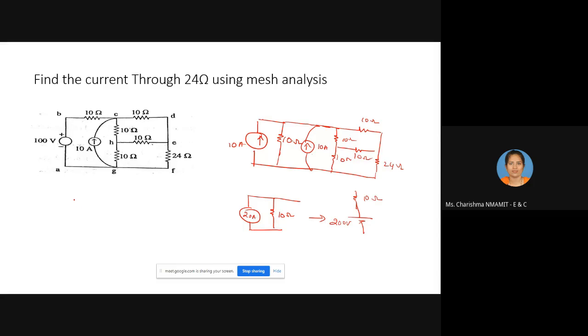So the circuit after conversion is: 10 ohm, this is 200 volt, this will be 10 ohm, this is 10 ohm. This is I1, I2.